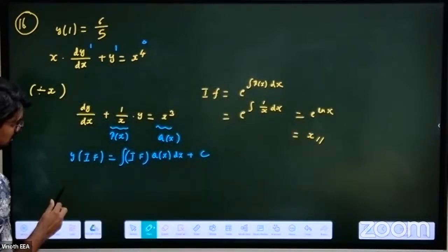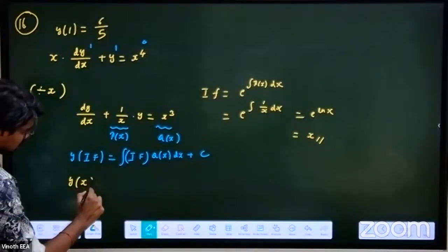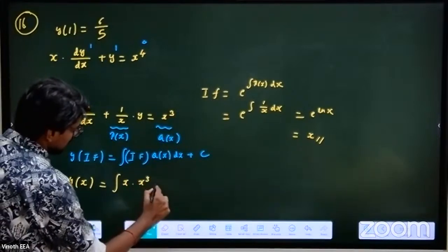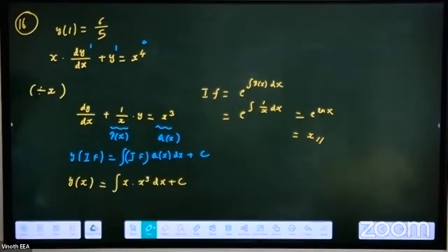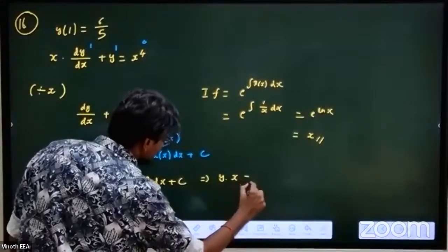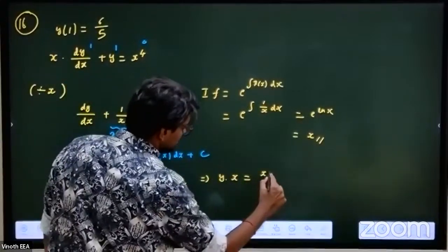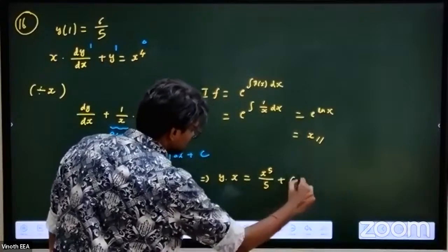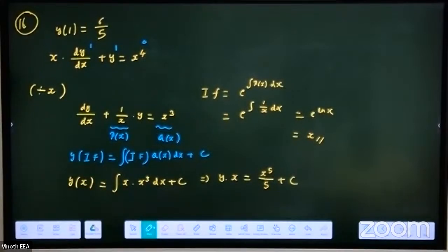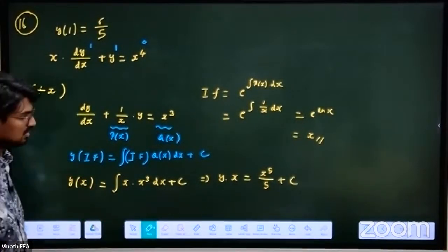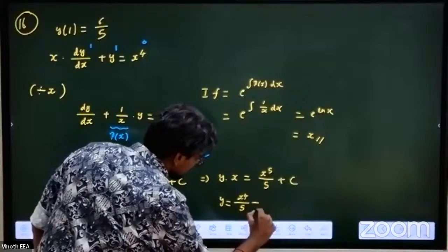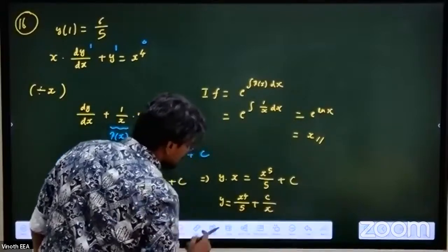Substitute it: y into x equals integral of x into x cube dx plus c, which is x power 5 by 5 plus constant. Dividing by x on both sides, y equals x power 4 by 5 plus c by x.